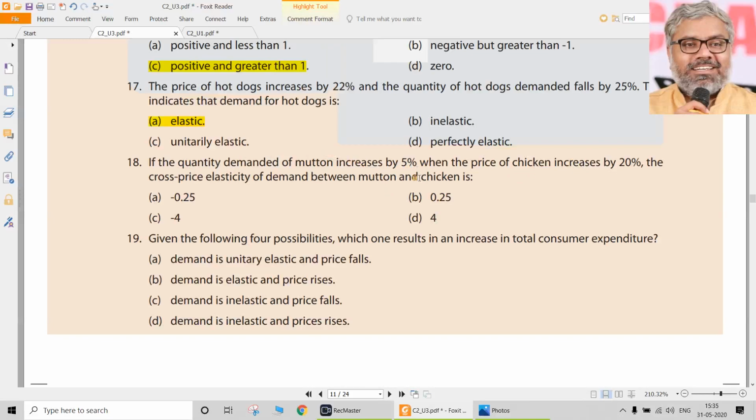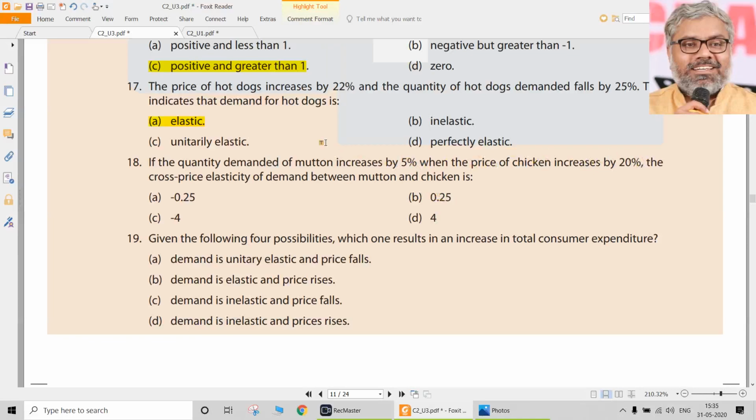So the numerator is 5% and the denominator is 20%. 5% divided by 20% is 5 by 20, which is 1 by 4, nothing but 0.25. That is clear. So the answer could be either A or B. The absolute number 0.25 is clear.